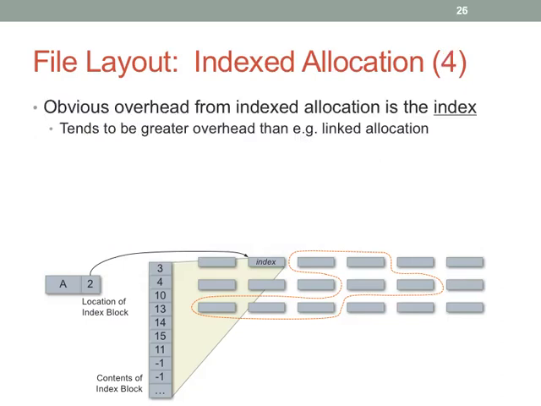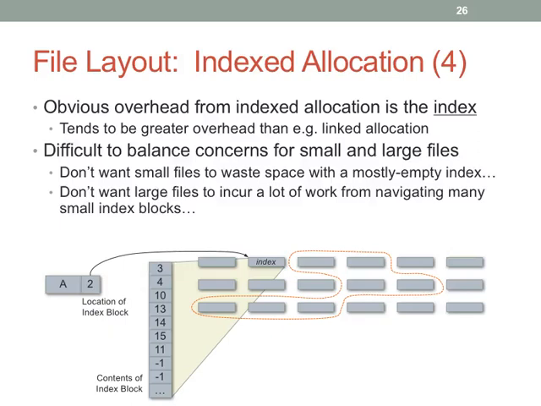Now, like I say here, the obvious overhead is that you have this index block now. And that is a little bit more overhead than you might have in other formats, although really it's not that big a deal. The big challenge with this is just how do you deal with small files and large files in the same file system. Okay?